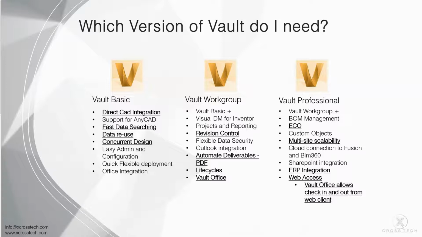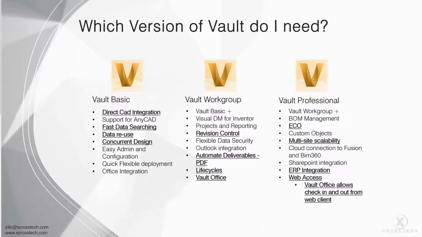They can be involved in the change orders. They can be involved in approving drawings and documents. They can check in and check out Office documents, image files, laser scans, PDF files, that sort of stuff. They just cannot modify, check out CAD documents.